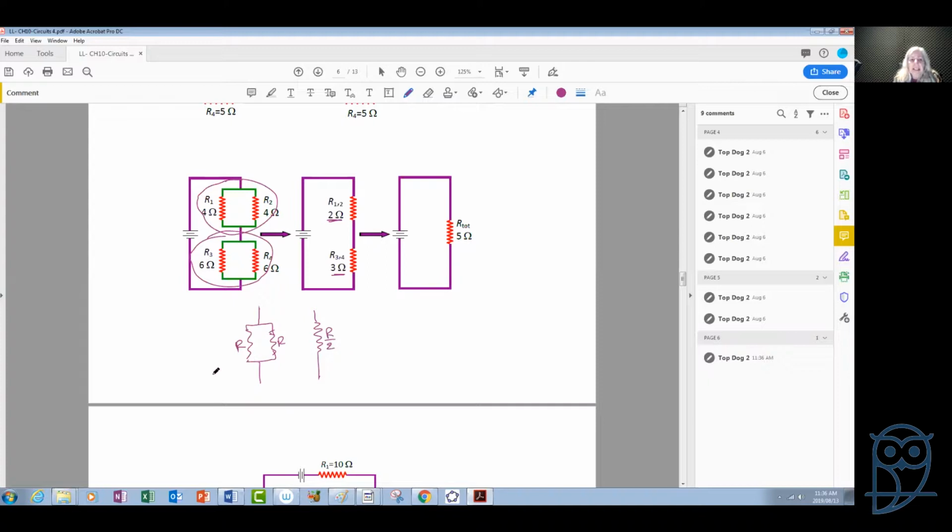If we have 3 resistors in parallel, but equal resistors, it's nice to know these tricks. If all 3 are equal, then the equivalent resistance of the 3 of them is one third of one of these resistances. So the equivalent resistance would be R over 3.